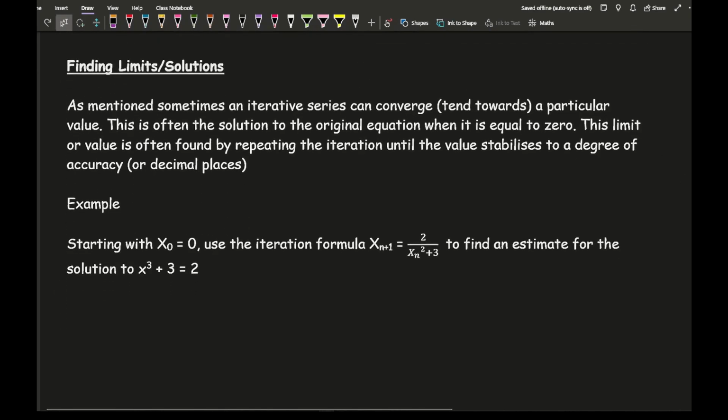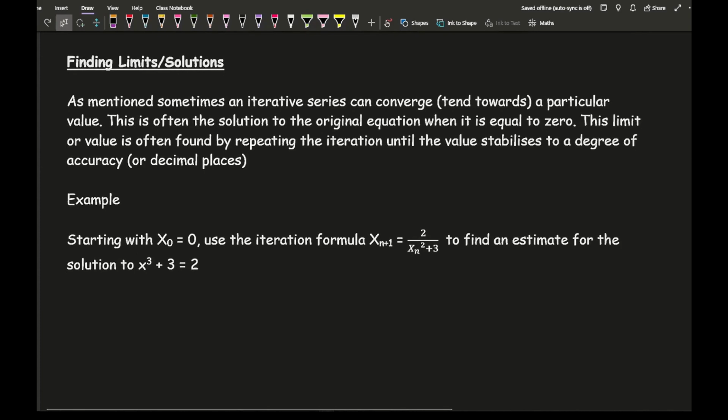Now the next thing we move on to that's often asked at GCSE level with regards to iteration is finding limits and solutions. As mentioned, sometimes an iterative series can converge or tend towards a particular value. Often this is the solution to the original equation when it is equal to 0. This limit or value is often found by repeating the iteration until the value stabilizes to a degree of accuracy or decimal places.